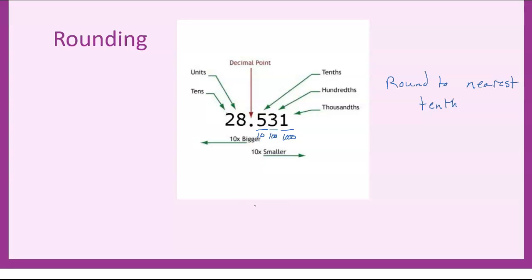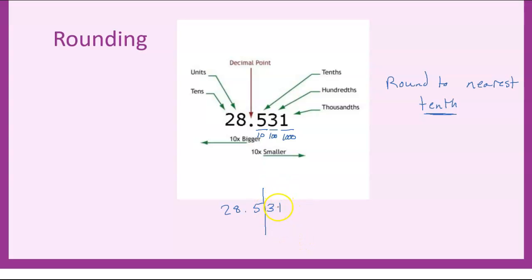So if we want to round this to the nearest tenth, that means our answer is going to have a tenths place in it. So I like to draw a line right where I expect my answer to end. I'm going to have a decimal point and then a tenths place and then nothing else.